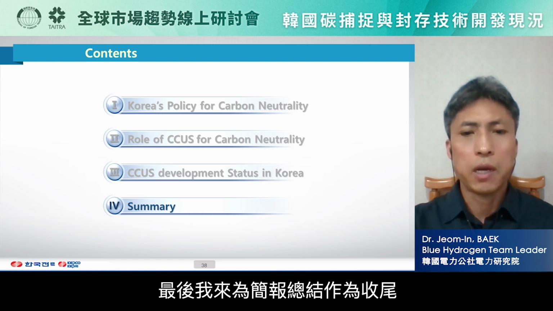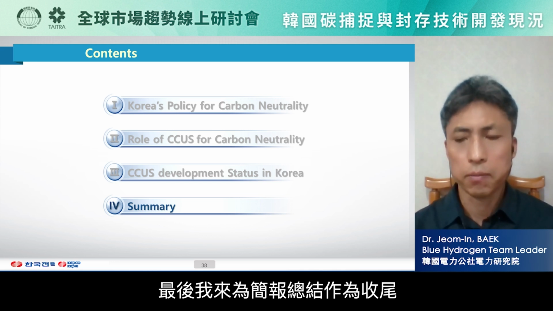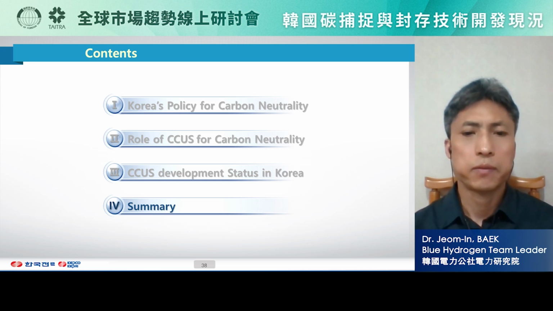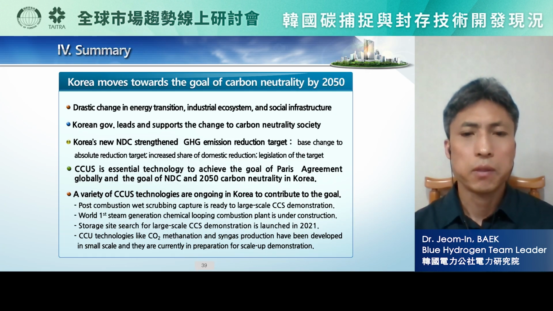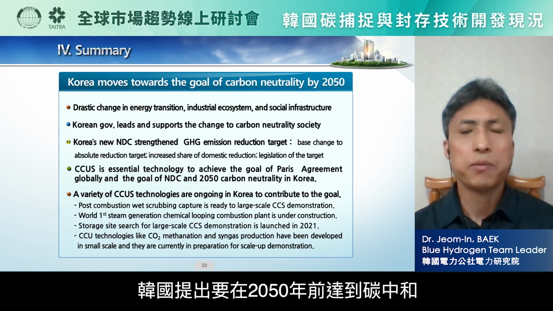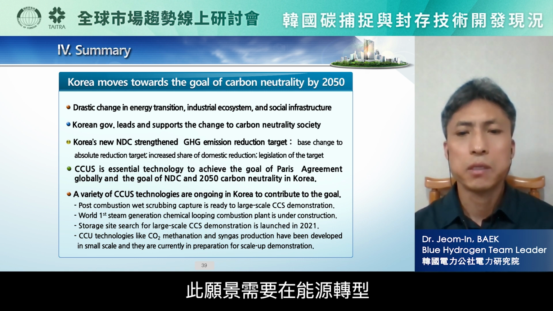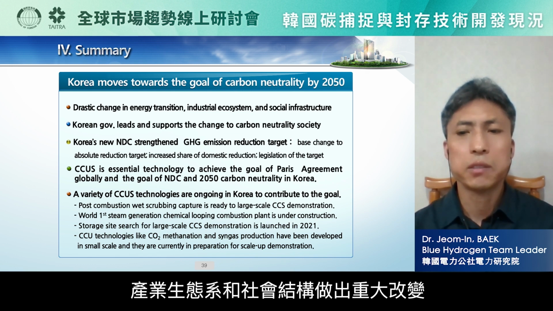Now, I'd like to finish my presentation with summarizing my talks. Korea declared carbon neutrality by 2050. This vision requires drastic change in energy transition, industrial ecosystem, and social infrastructure.